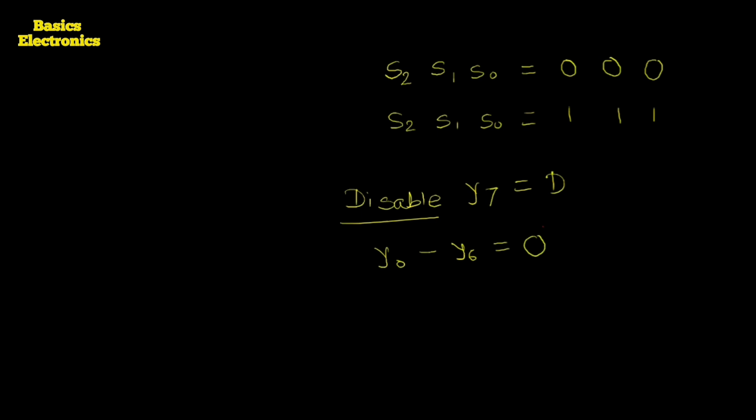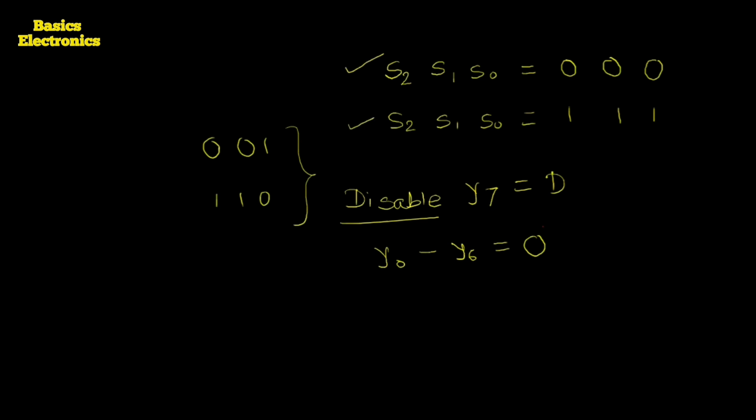The remaining one paragraph you can mention for the remaining lines. For the remaining inputs 0, 0, 1, 0, 1, 0 up to 1, 1, 0, the outputs selected are shown in the truth table. Then you can draw the truth table, and as per the truth table, you can make the connections and you can write down the equation for these first two inputs.